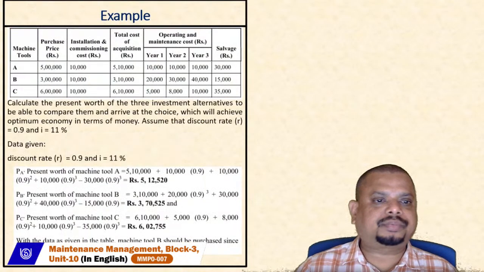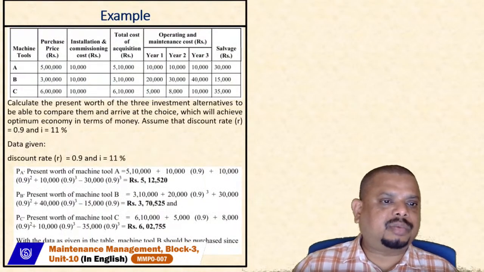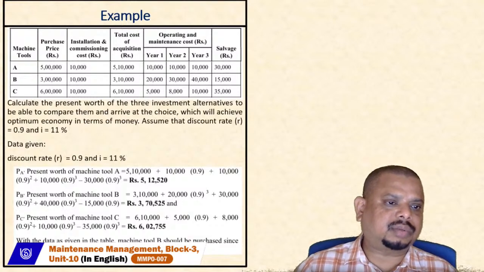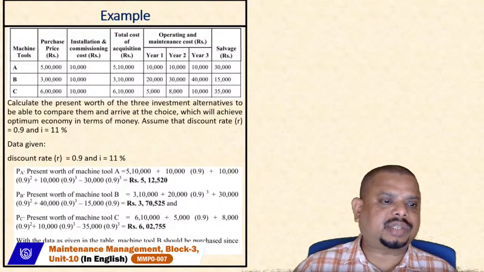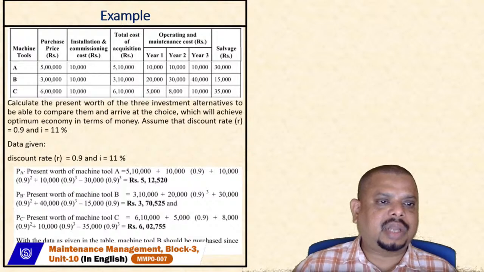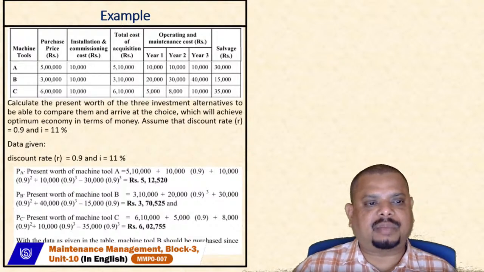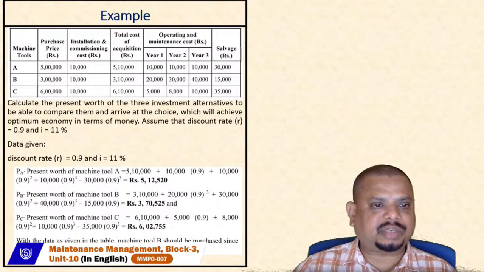Moving to the next one. Let's take a small example which consists of three machine tools, A, B and C, and their purchase prices are given as 5 lakhs, 3 lakhs and 6 lakhs respectively.